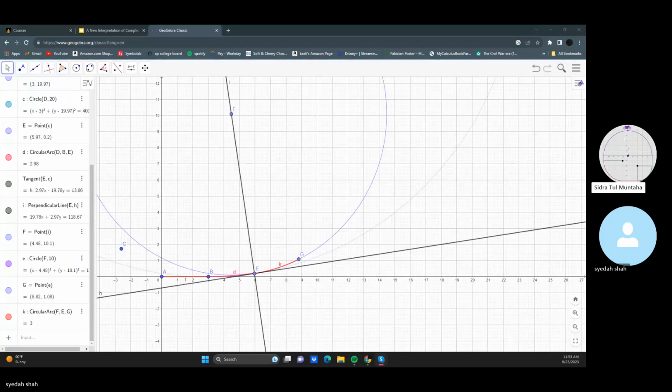Now, at the very beginning, our circle has the radius 20, and then we took 10. So what do you think the next radius would be? 5.